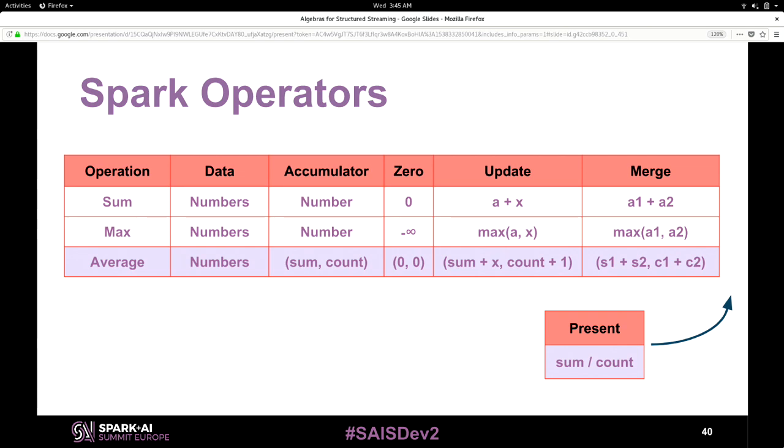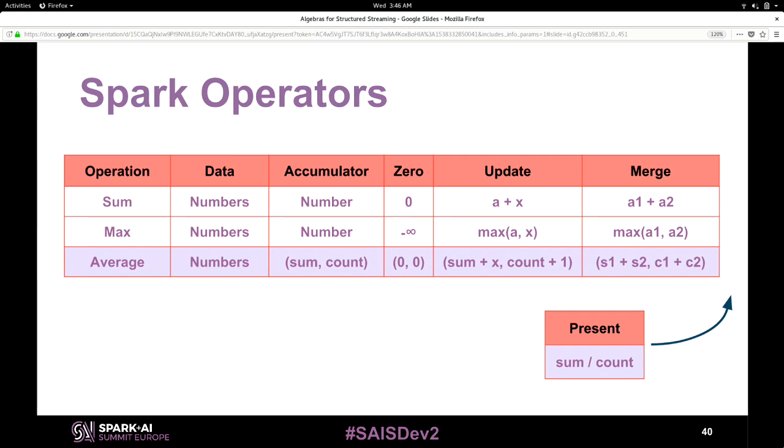Another one is average, which is a little bit more interesting. It also, of course, just receives numeric data, but its accumulator is a pair of numbers. It's a sum and, of course, a count of elements. And 0 is just a pair of zeros for both of those. Update, you take the sum and add in your data elements, but you just increment the counter. And when you're merging, you're simply doing pairwise addition, of course.